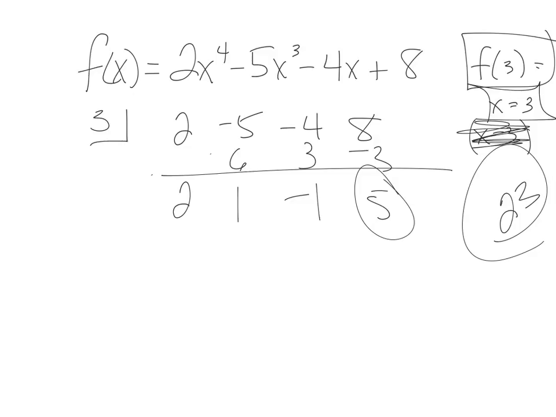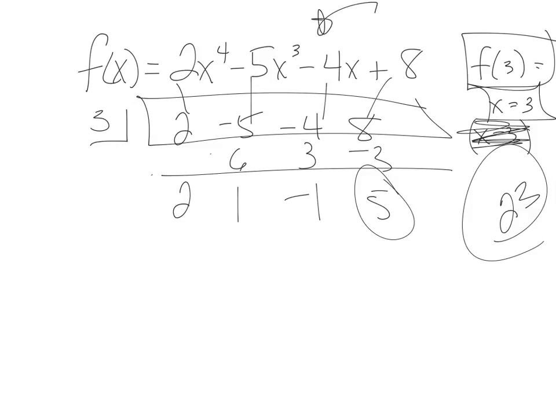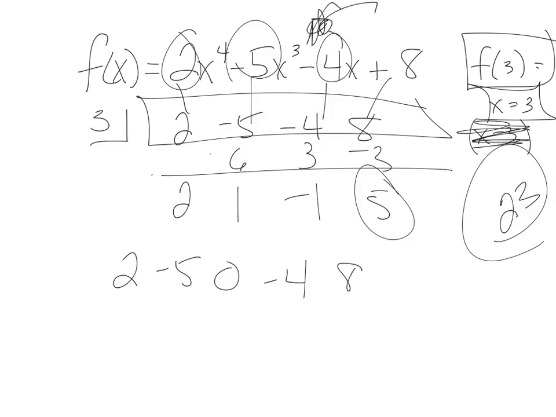All right? Did you notice that when I wrote the coefficients here, there is an x squared term missing? And so now I've got to put a 0 where that x squared would be. So it's 2, negative 5, 0 where the x squared should be, negative 4, and positive 8.